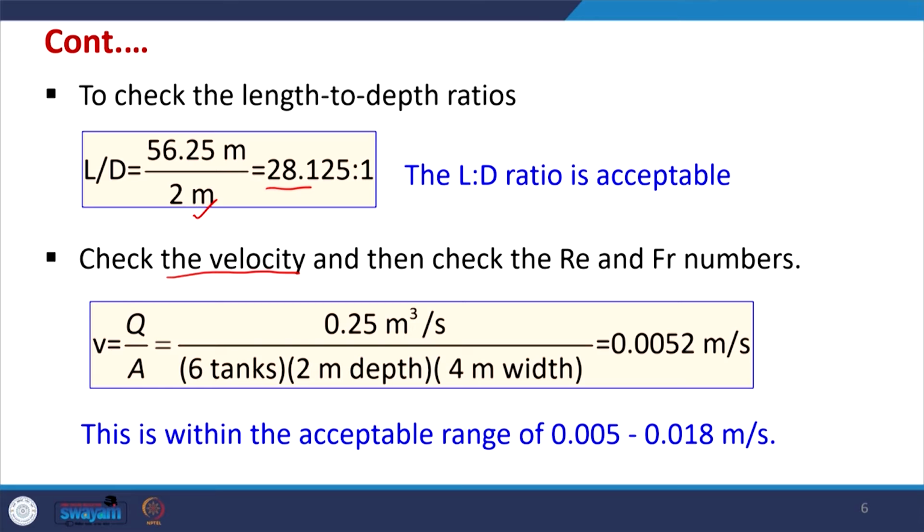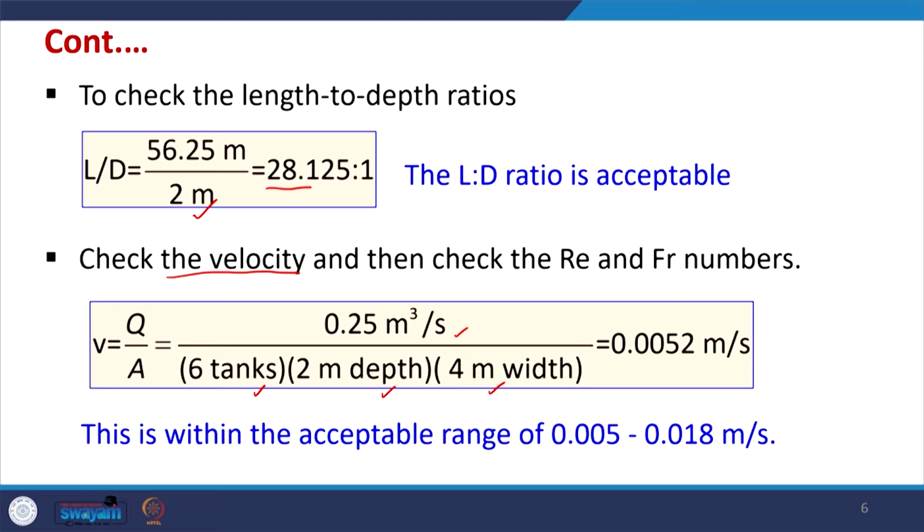Now, checking the velocity, if we perform the calculation, in terms of meter cube per second, the value of Q is 0.25, and the area may give the idea with respect to velocity. We have 6 tanks, each having 2 meter depth and 4 meter width.